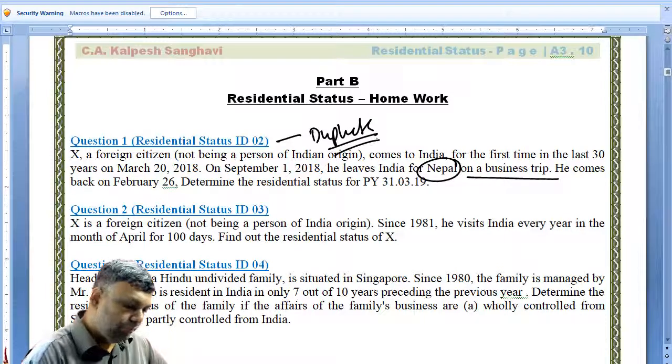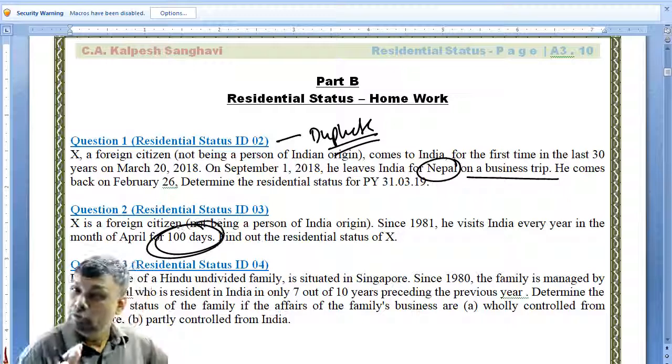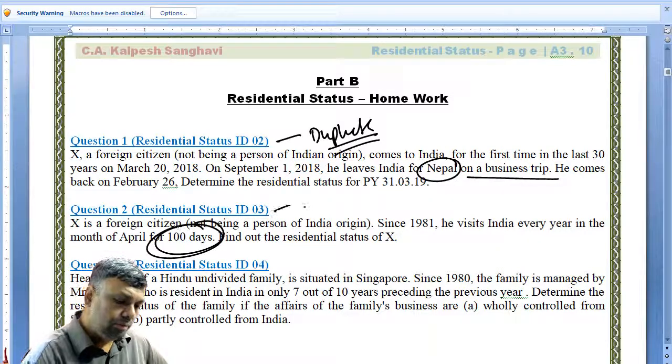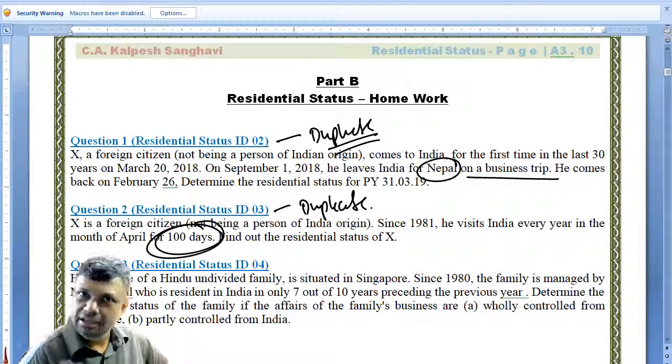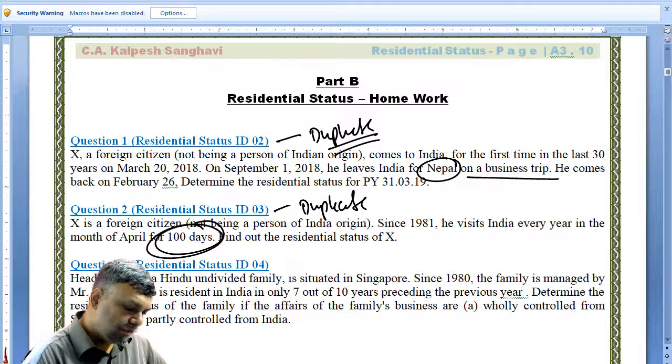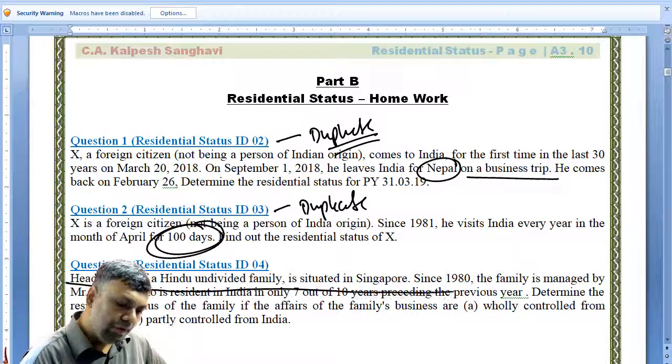X is a foreign citizen every year for 100 days. This is also a very famous question. That's the reason I have repeated it in my material. This is also a duplicate. We have already studied some questions of this type. This is also the head office of the Hindu undivided family in Singapore, managed out of India 7 out of 10 years. Okay.